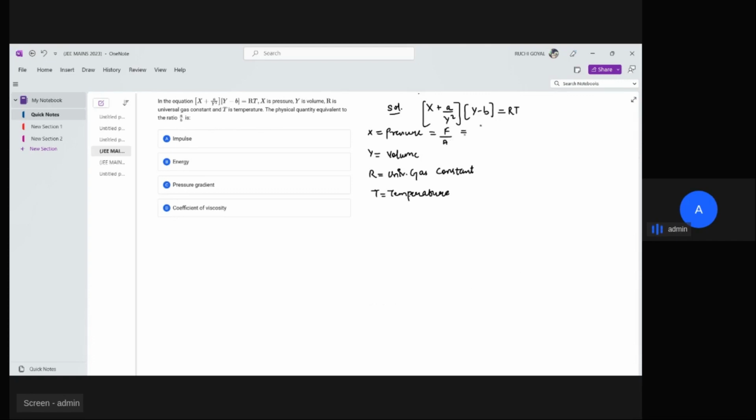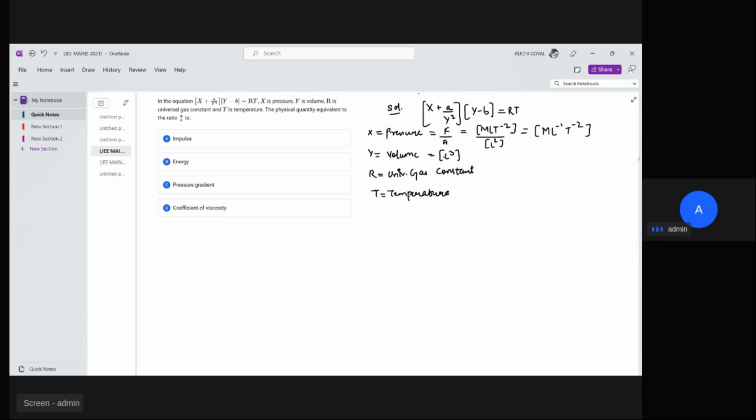So force is m l t minus 2 divided by area L square. So what is the dimension formula of pressure? M L minus 1 T minus 2. This is the formula of pressure. Okay. For volume, we have L cube, right?